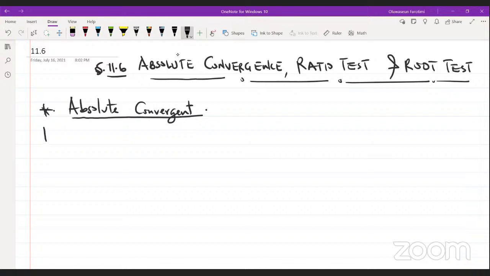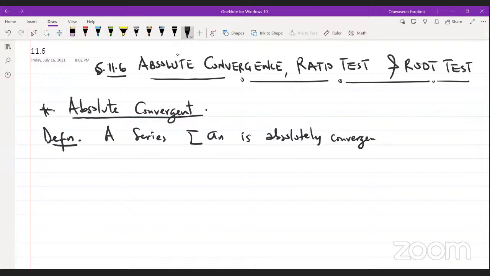So they are tools that get us informed about the behavior of the series. So definition. Okay, so when is a series said to be absolutely convergent? Okay, so a series is absolutely convergent. Let me underline this word. If the series of its absolute value, okay?